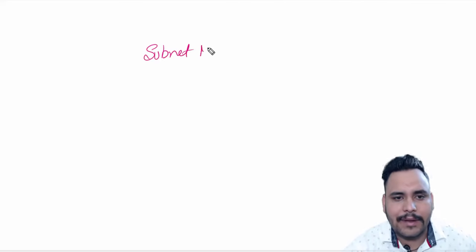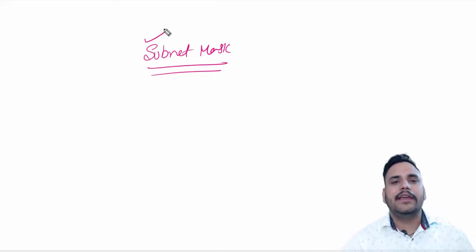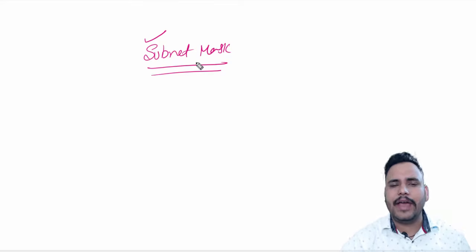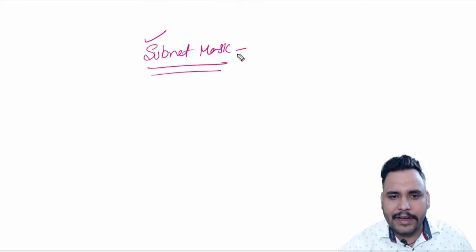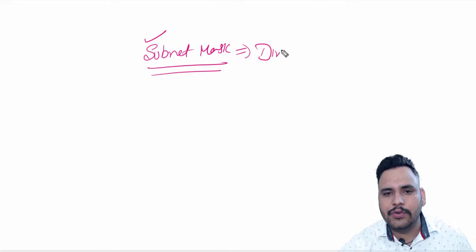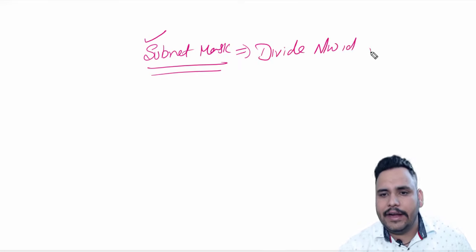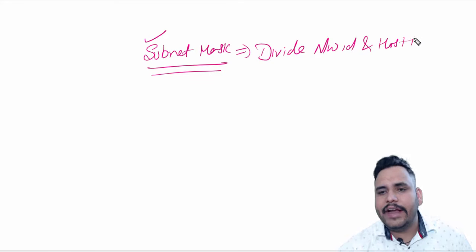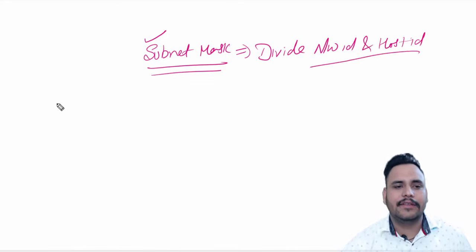So for example, if we are using a subnet mask, and anybody asks you why we use a subnet mask if we have IP addresses, then the subnet mask is used to divide the network ID and host ID from the IP address.